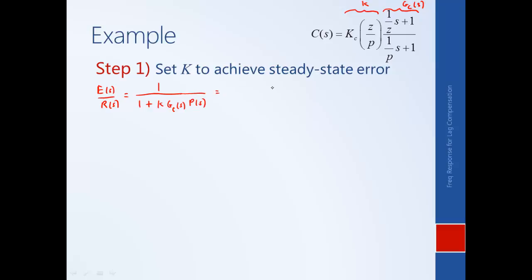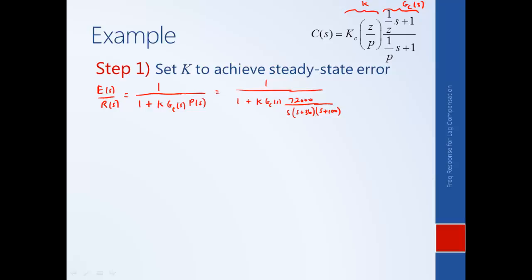I'll go ahead and plug in for what the plant is. I'll keep the K and the Gc for the compensator. The plant has a numerator 72,000, and a denominator with a pole at 0, a pole at minus 36, and a pole at minus 100.